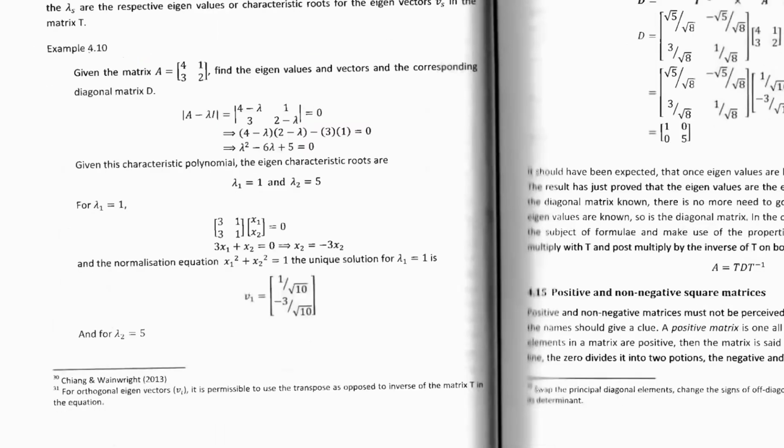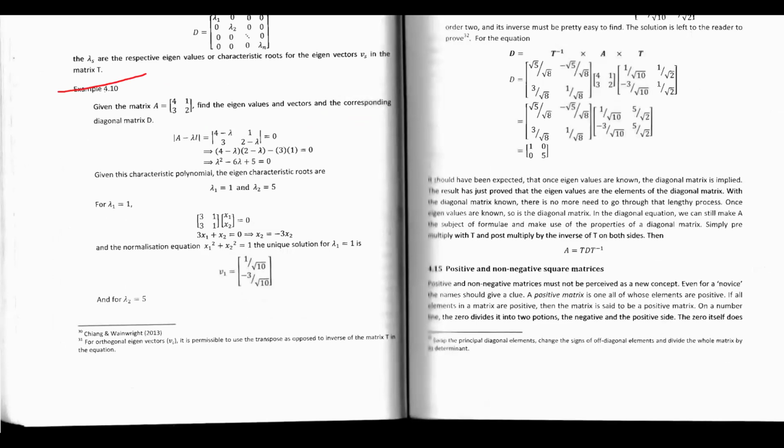Question number 10.4. Let's do a quick example. We'll skip some steps because you already know them, just to help you understand. Given the matrix A, which is 4, 1, 4, 3, 1, 2, right? This is your matrix.